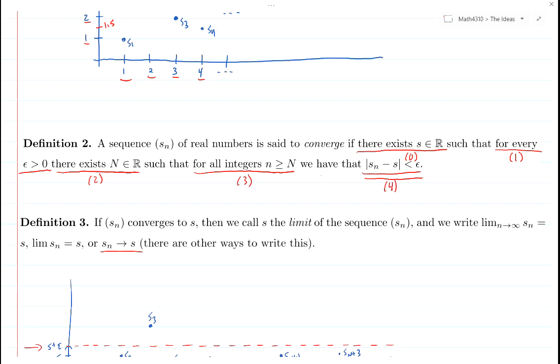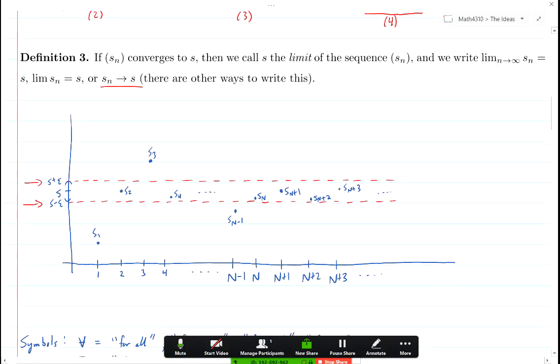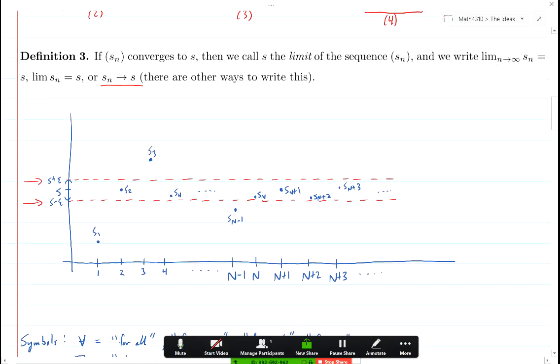So in pictures, if I wanted to graphically look at what it means for a sequence s sub n to converge to a number s, here's a graphical interpretation. Here is some sequence that I drew that's converging to this number s. So the s is supposed to be the limit. And what that means is that for any epsilon greater than 0, so I've established s there, now I move on.